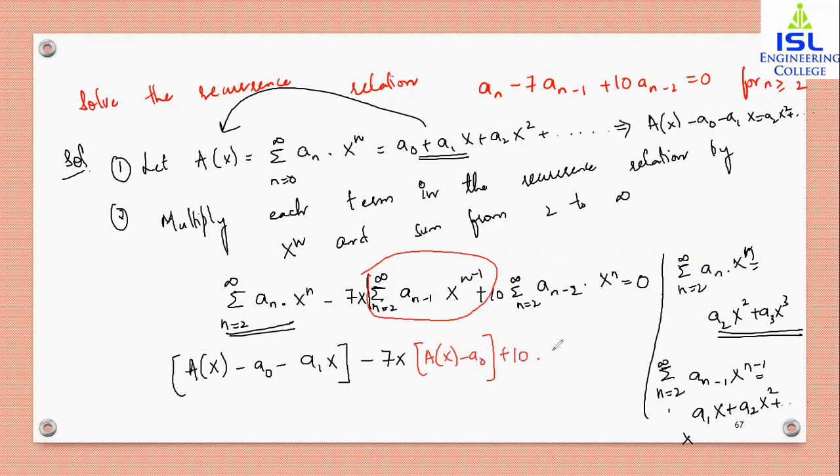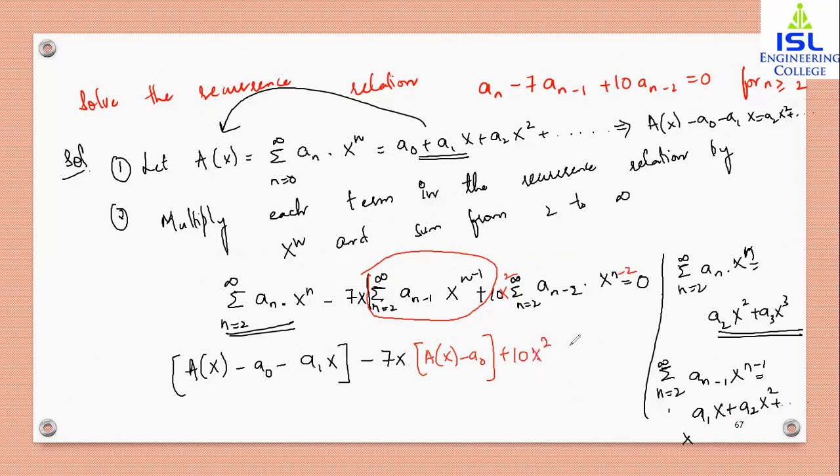Now plus 10, with n equal to 2 to infinity, a_{n−2} will give you a_0. But here you will get x^2, so x^2 can be taken common, and you can write this as x^{n−2}. Make sure you are doing these changes in the next step instead of in the same step.